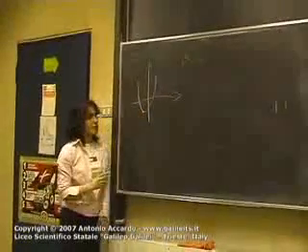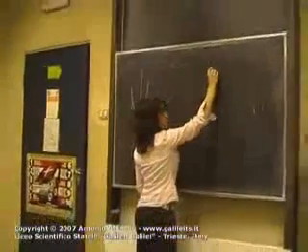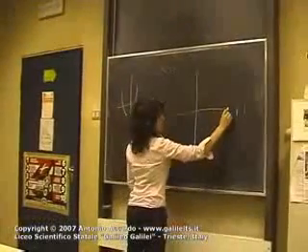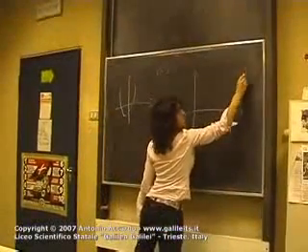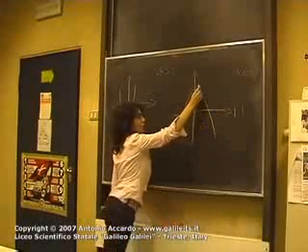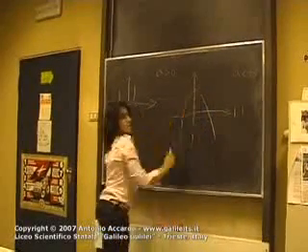Whereas if the parabola opens downwards, which means that A is less than 0, our vertex is the point of maximum.